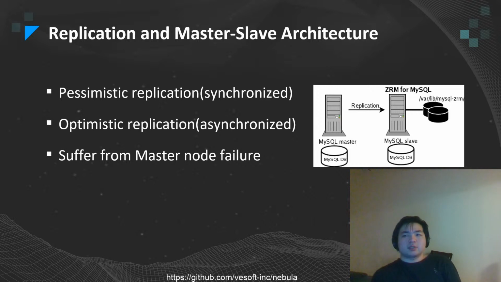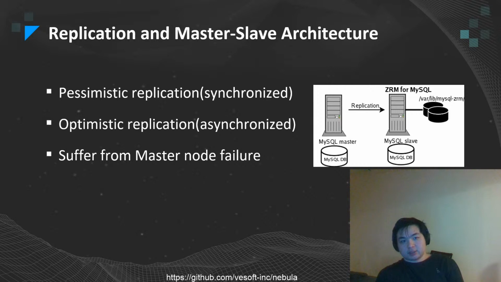One of the most famous architectures for such replication is master-slave architecture, which is mainly used in MySQL operations. Simply put, the master will handle all of the write operations, and a slave will handle all of the read operations.